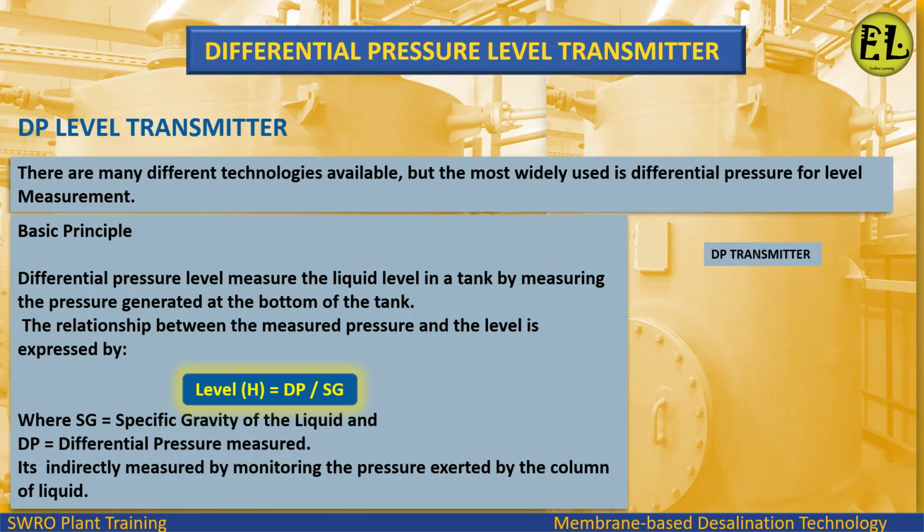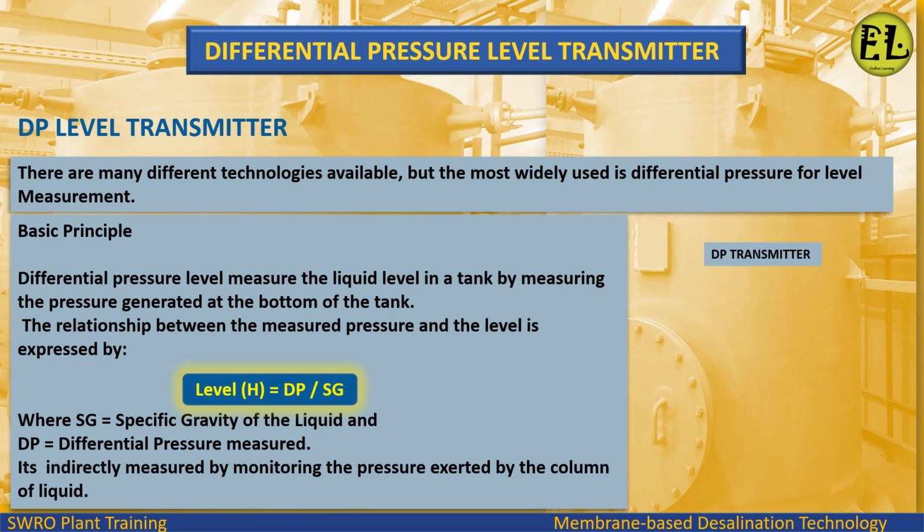DP level transmitter. There are many different technologies available, but the most widely used is differential pressure for level measurement. Basic principle: differential pressure level. Measure the liquid level in a tank by measuring the pressure generated at the bottom of the tank.